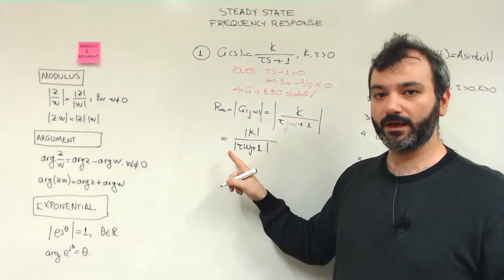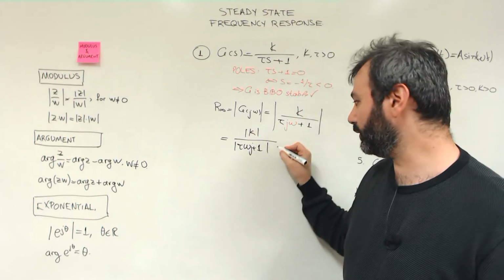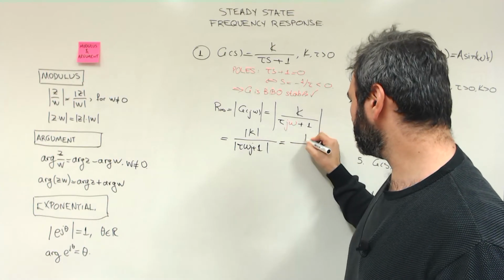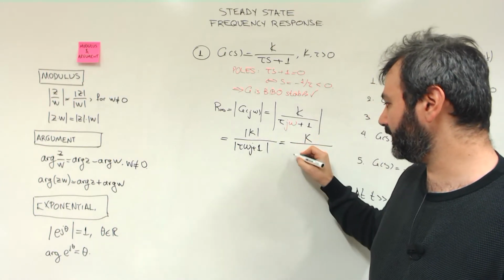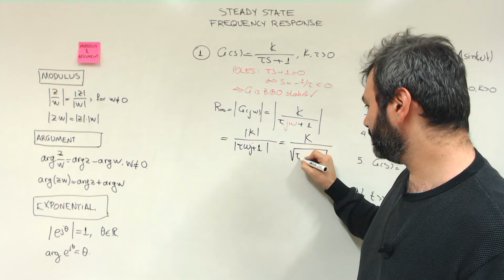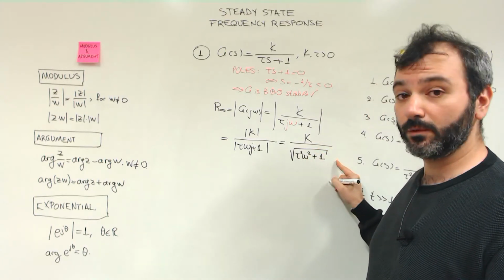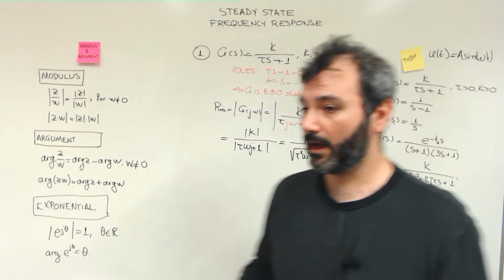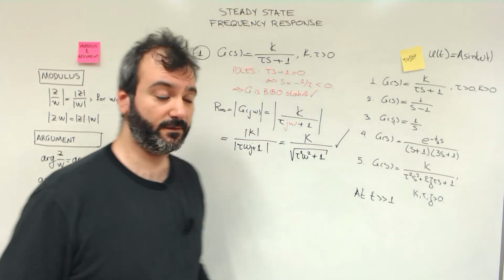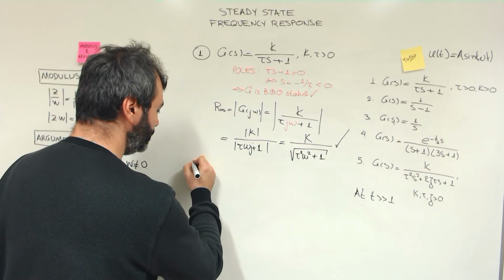So modulus of k over modulus of tau omega j plus 1. K is a positive real number, so that's just k. And here we have the square root of tau squared omega squared plus 1. And that's the amplitude ratio of this transfer function. So that's it, nothing more to do here.